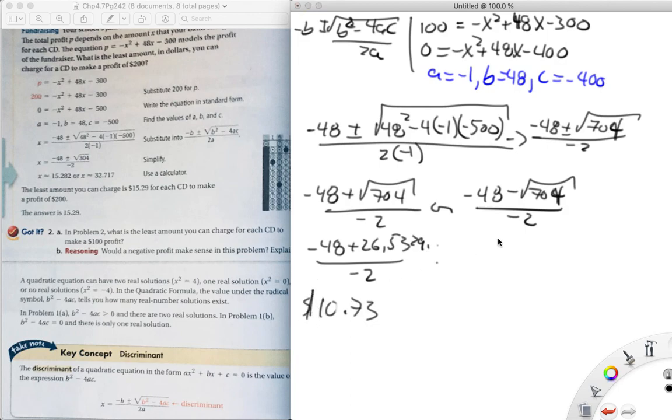Remember, I got to pick the least of these two. Or, this would be negative 48 minus the square root of 704, minus 26.5329, over negative 2.